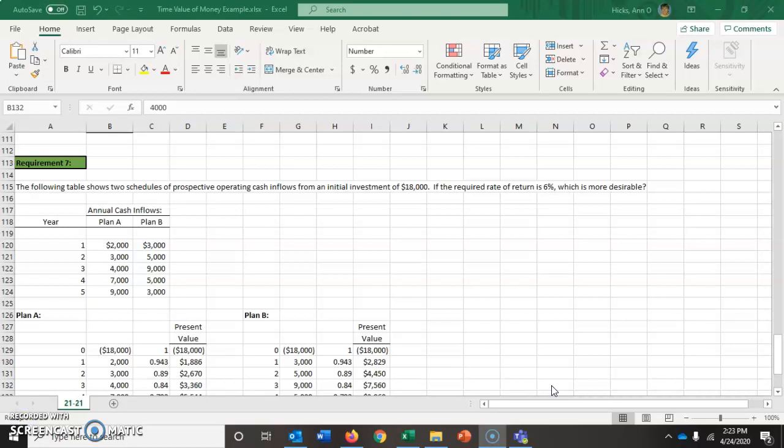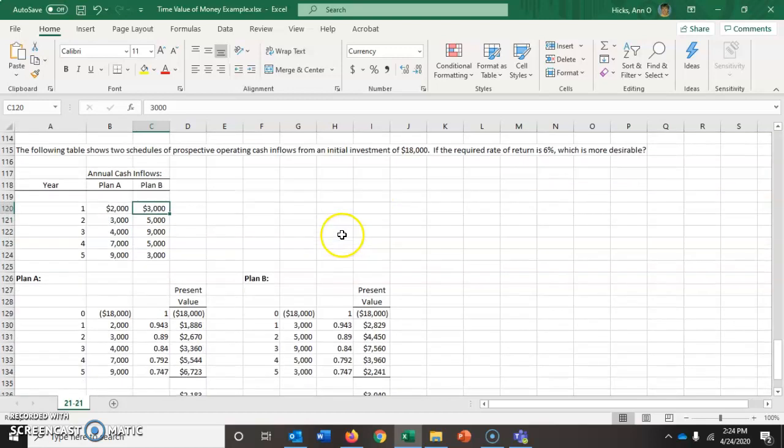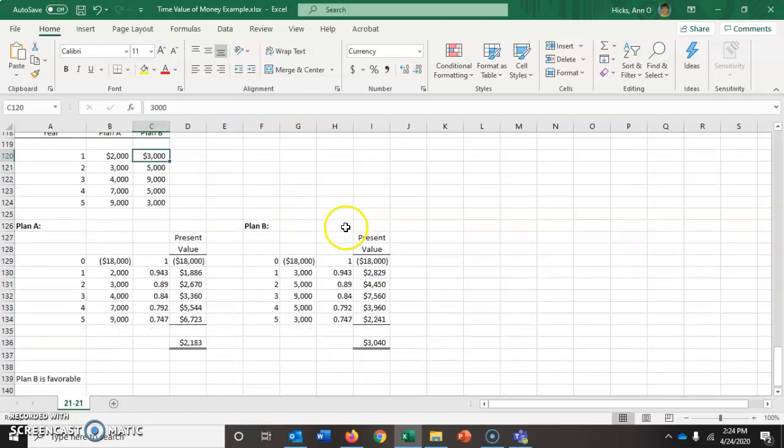We have two options, Plan A and Plan B. Plan A gives us 5-year cash flows as indicated. Plan B gives us a little bit of a different cash flow. The investment is the same. Our required rate of return is 6%. We need to figure out which is the better investment to make.